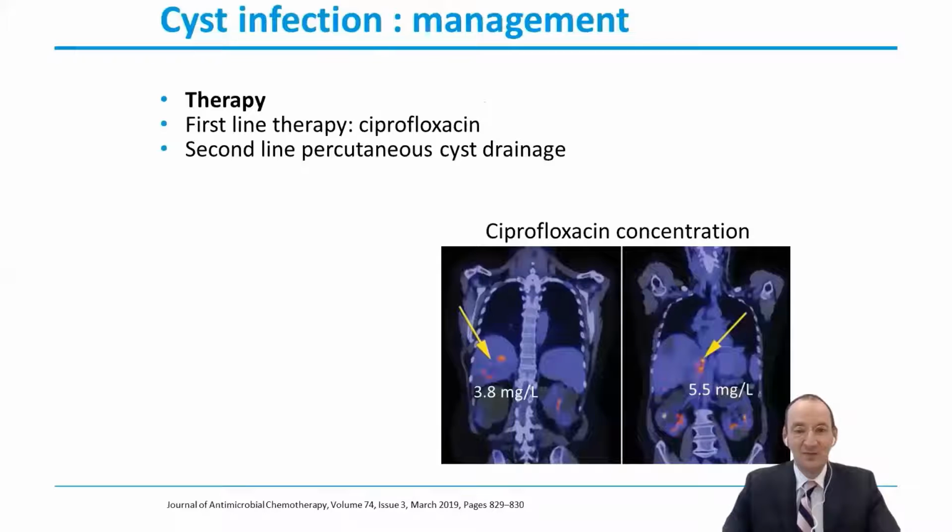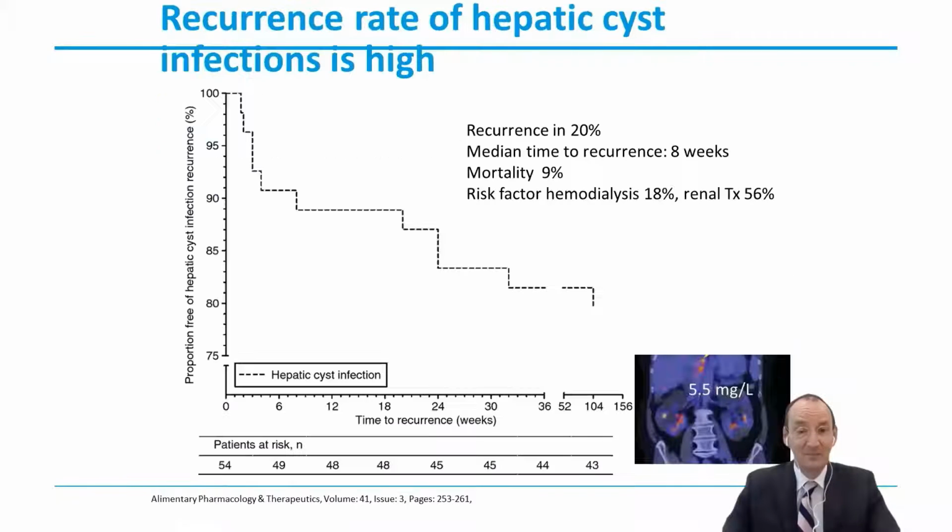For management, we give ciprofloxacin because that's the only drug until now where we know that it will penetrate into the cyst. And the scan at the right side is an example of ciprofloxacin concentration in cystic lesions in the liver.